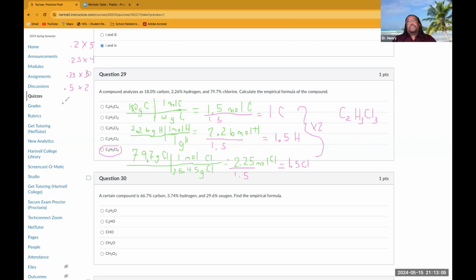If it ends in 0.67, that's gonna be multiplied by 3. If it ends in 0.75, it could be 4. And then if it ends in 0.8.